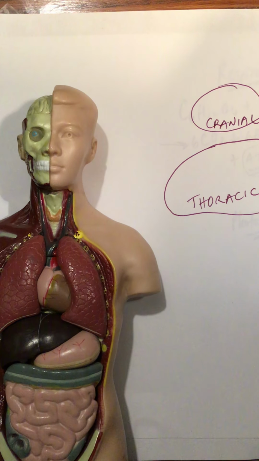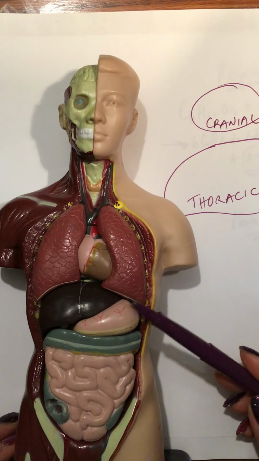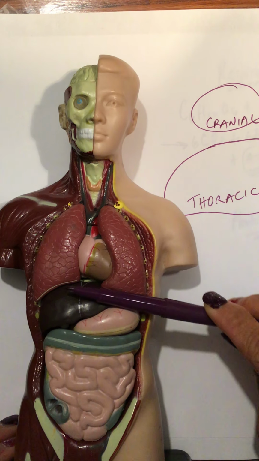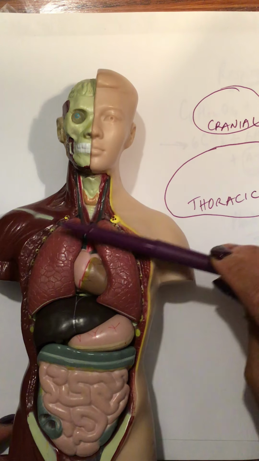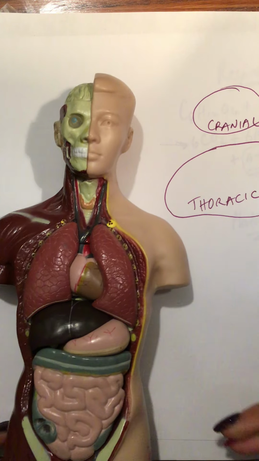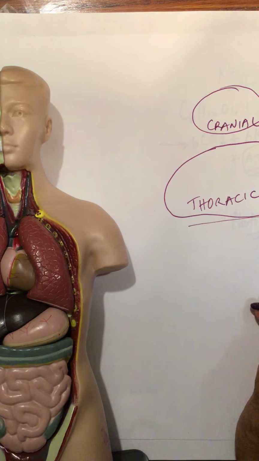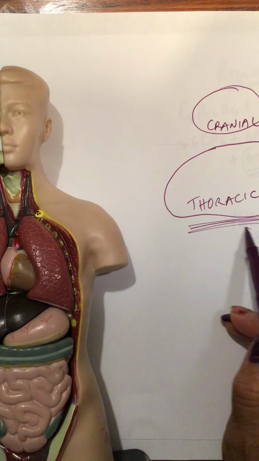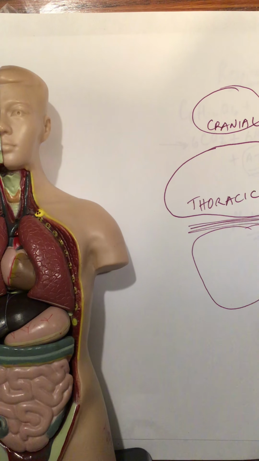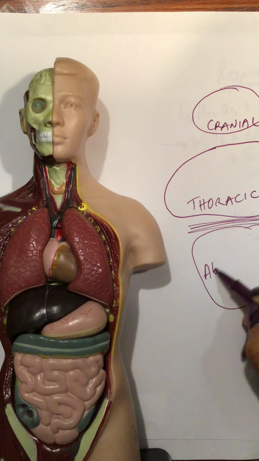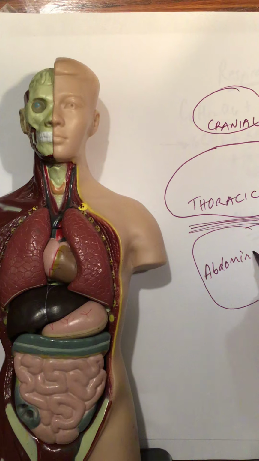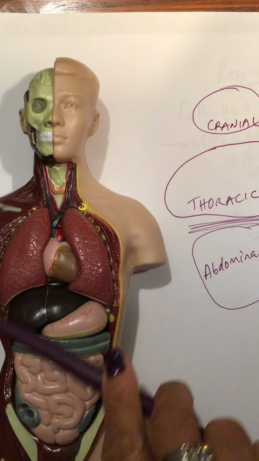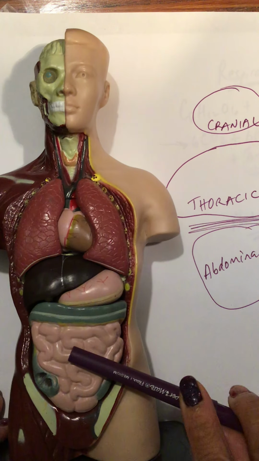There is a structure that separates the thoracic and the abdominal cavity, and that is called the diaphragm. The abdominal cavity contains your digestive system.